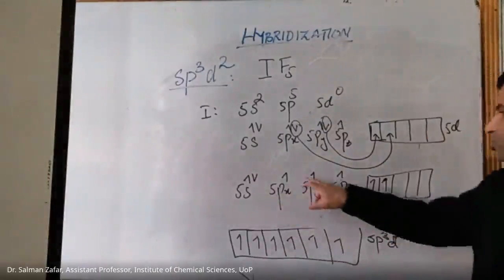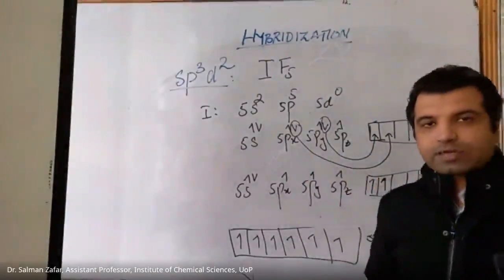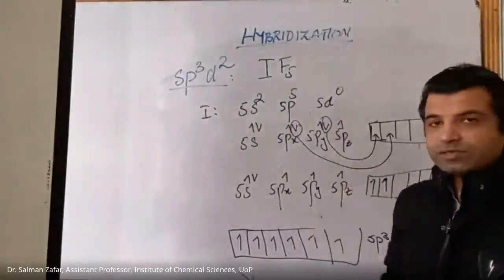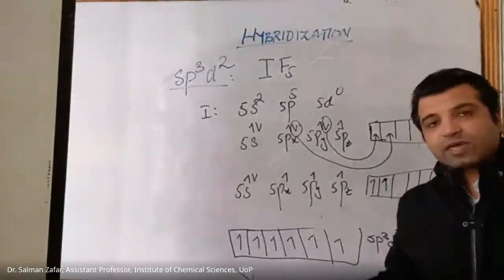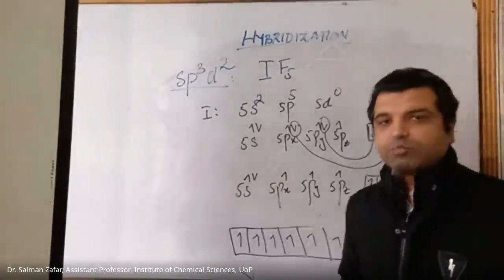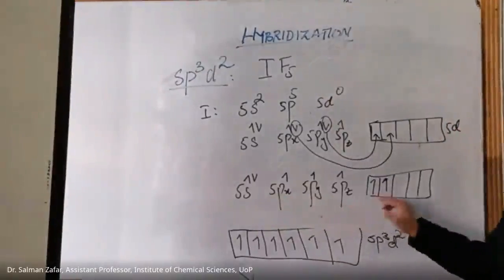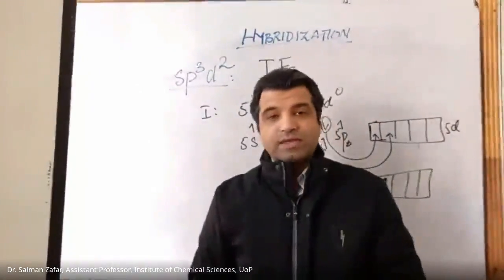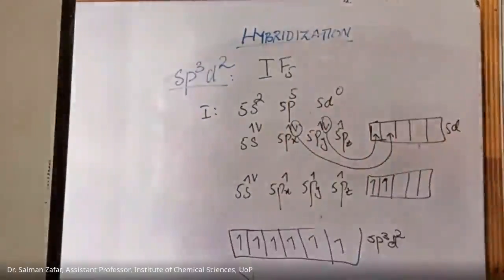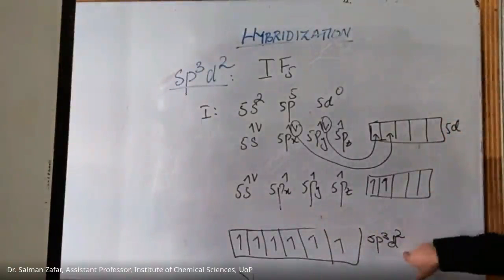And now you can count 1, 2, 3, 4, and 5 unpaired electrons, and so 5 fluorines could be accommodated now. But because these 5 electrons are in different orbitals, they need to be mixed together along with the 5s. So we have 1, 2, 3, 4, 5, 6 orbitals mixing together to form 6 sp3d2 orbitals. So 1 s, 3 p, and 2 d orbitals are involved to form 6 sp3d2 orbitals.